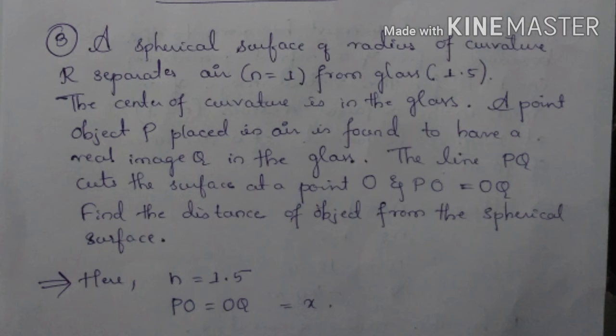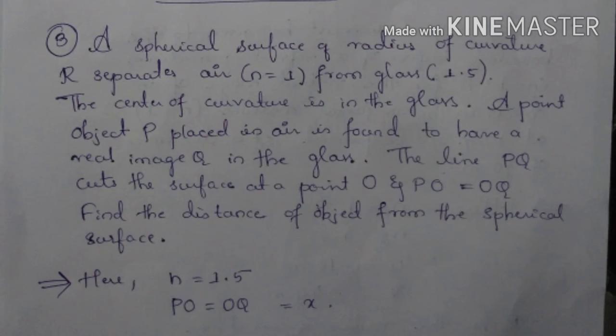Next question here is, a spherical surface of radius of curvature R separates air, which has the refractive index n is equal to 1, from the glass medium, which has the refractive index 1.5. The center of curvature is in the glass medium. A point object P placed in air is found to have a real image in the glass.